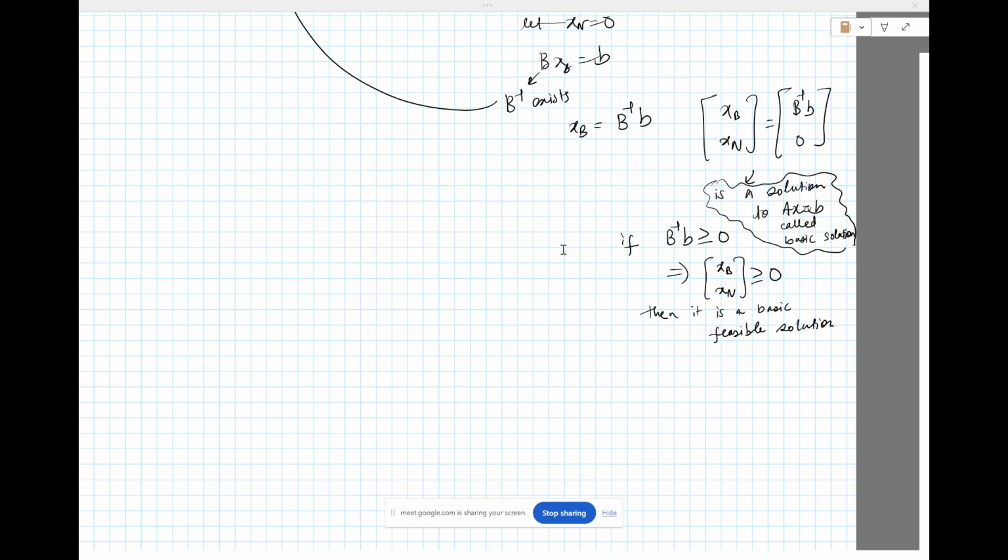So how do we show, if we have some point x, when is it an extreme point? Like, what is the definition?